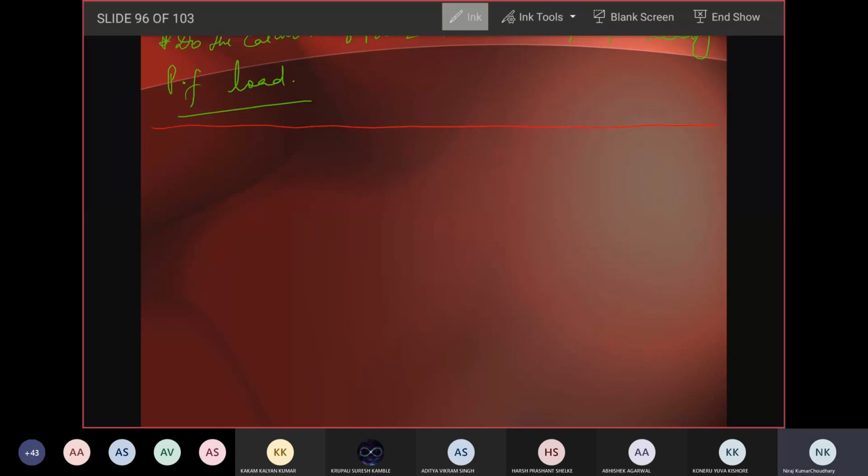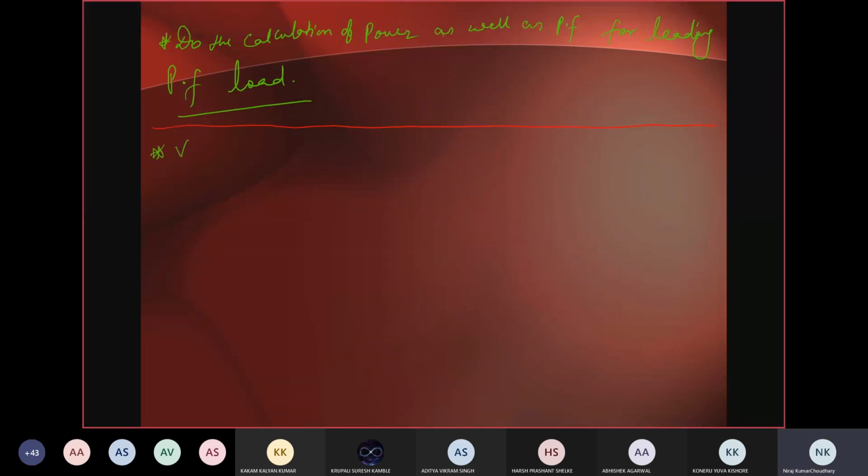So let us discuss the variation in the wattmeter readings depending upon the power factor of the load.